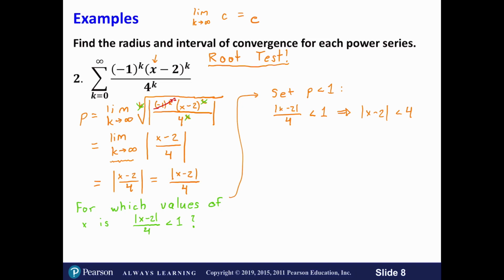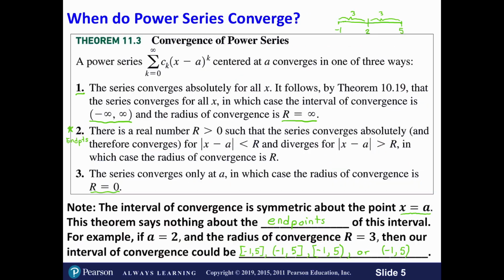Okay, so at this point, you should be able to identify your radius of convergence. To understand why, let's go back to the theorem. This says, in case number 2, that there is a real number r such that the series converges absolutely, and therefore converges, for absolute value of x minus a less than r.